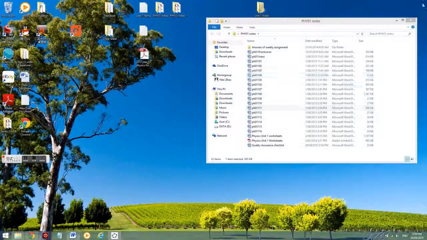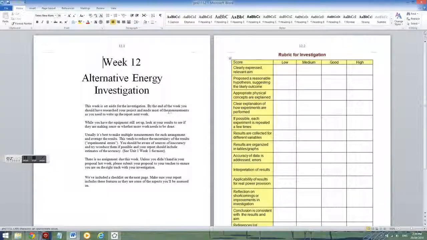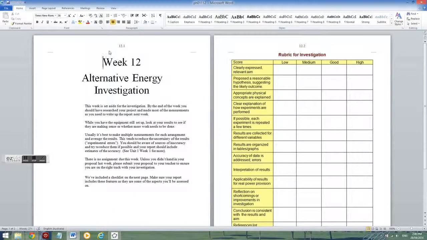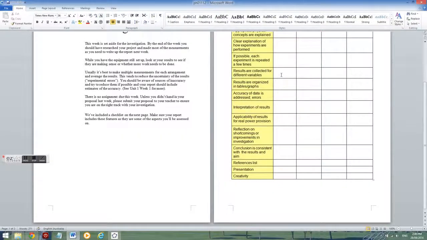Next week, you're going to work on your experiment. You need to organize your experiment. In the DECV notes, page 12.2, there's a rubric for it.